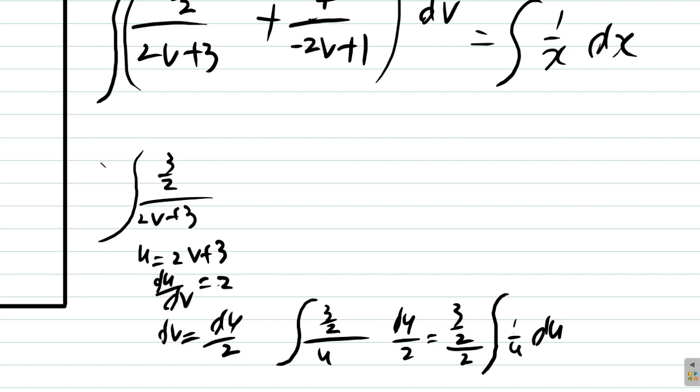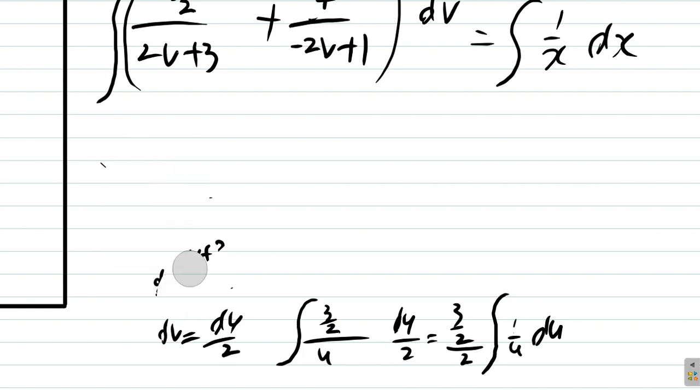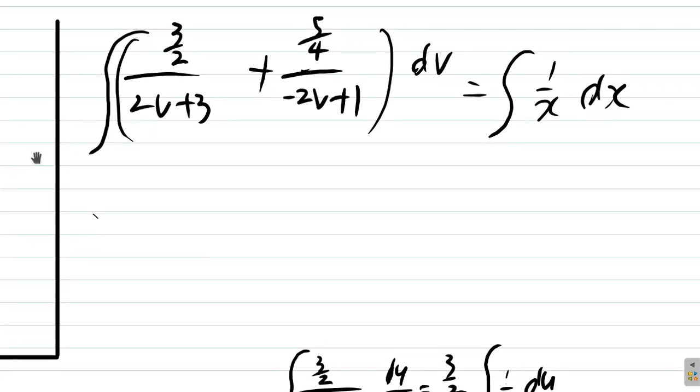So what you have here now, let's deal with this. What you have here is 3 over 2, integral of 1, well, let's not bother with that.